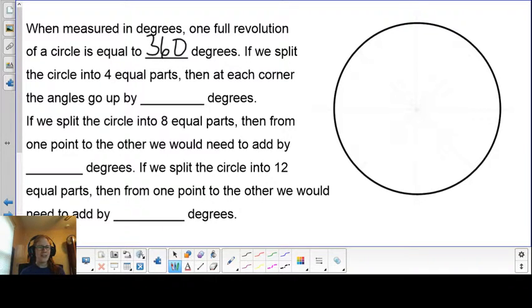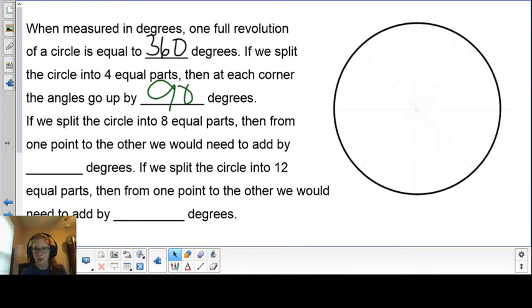If we split that circle into 4 equal parts, then each corner angle it creates goes up by how many degrees? So essentially, what is 360 divided by 4? It's going to give me 90.